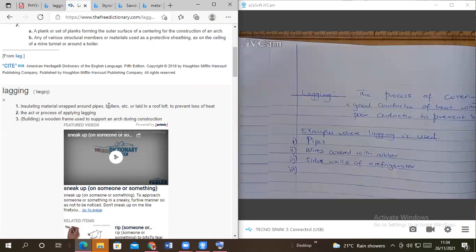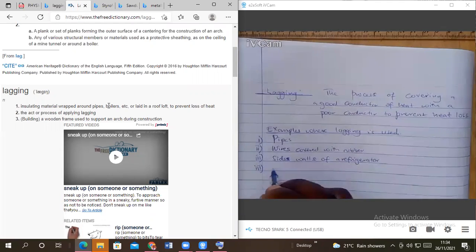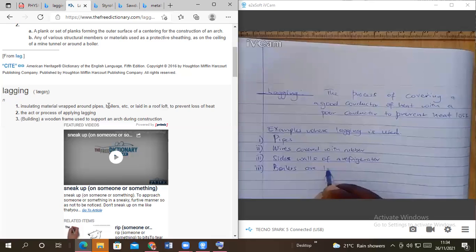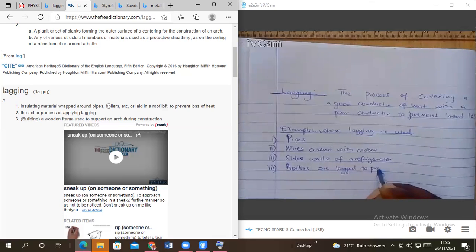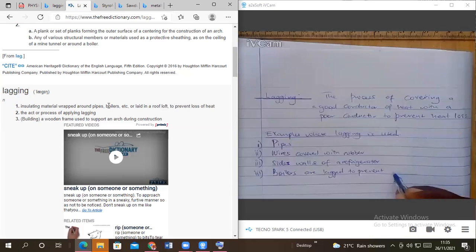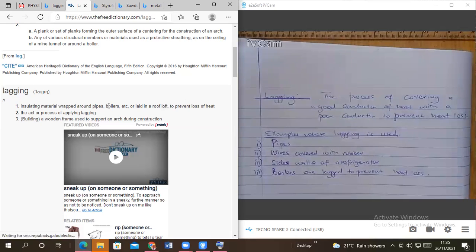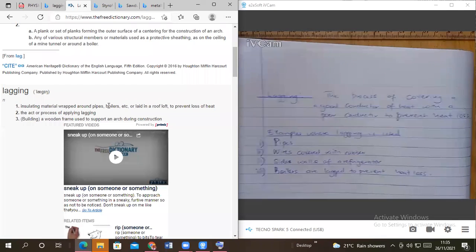So also those containers are lagged, because we want to prevent heat loss.